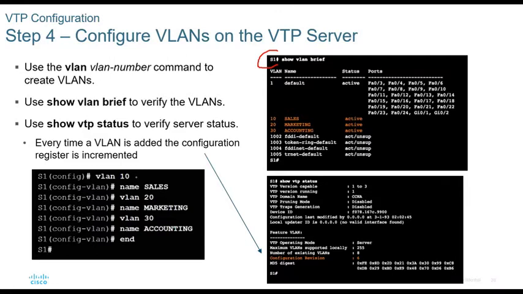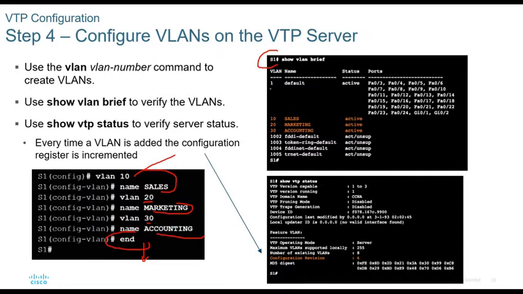So just do the usual: type in VLAN, space, the ID that you want. So VLAN 10, for example, the name of that VLAN is sales. Continue straight on. VLAN 20, the name is marketing. VLAN 30, the name is accounting. If you have other VLANs that you want to enter, just push them there. Then, once you're done, just type end.